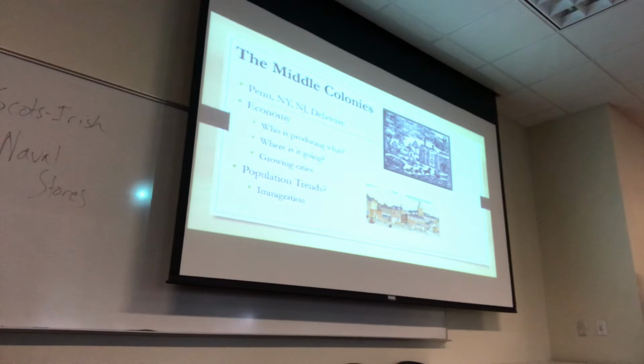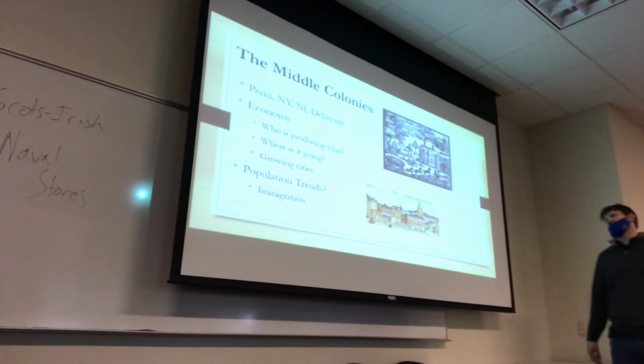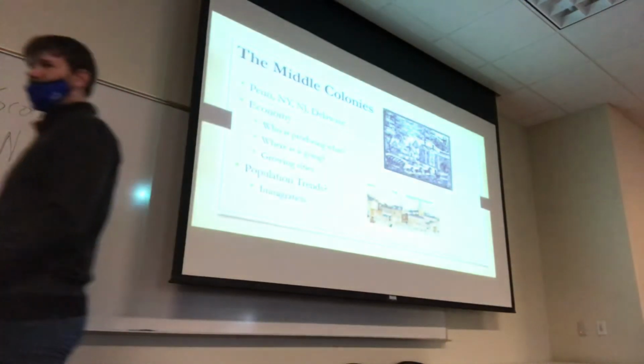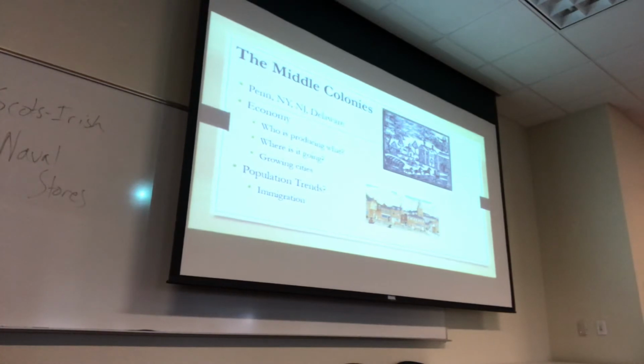Insofar as there are slaves, and this goes for New England as well, they're mostly working as domestic servants in households in the cities. So it's mostly small family farms, but on aggregate, all together, they are producing a lot of wheat, which merchants will collect from those small family farms and export out into the Atlantic world market.